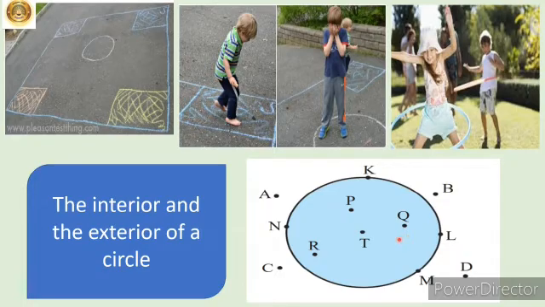P, Q, R and T are points in the interior of the circle. A, B, D, C are points in the exterior of the circle.